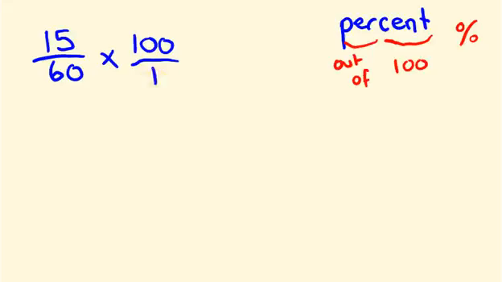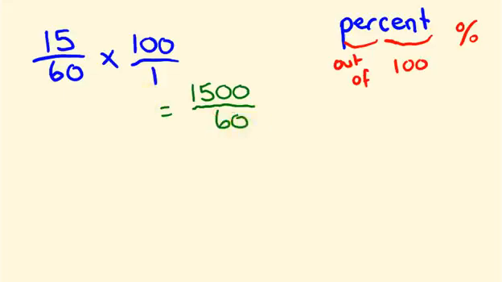Now, what do we do then? Well, we just treat these like any other thing where we're multiplying fractions. When we multiply fractions, we go top number times top number and bottom number times bottom number to get our answer. So 15 times 100 is 1,500, and this is going to be divided by 60 times 1, so 60 times 1 is 60.